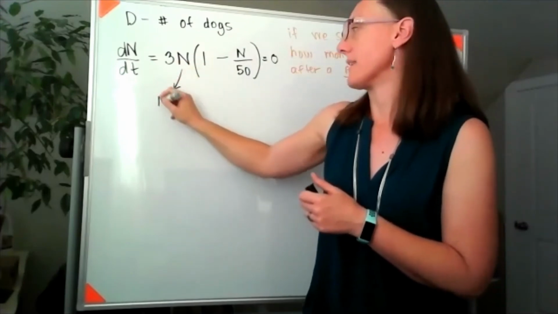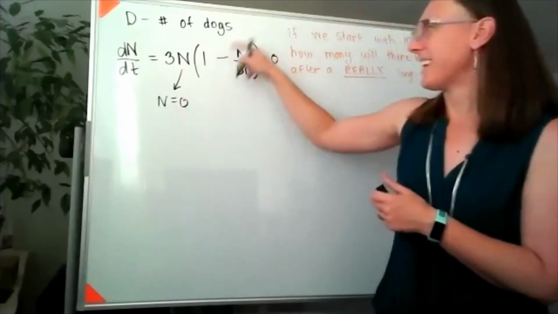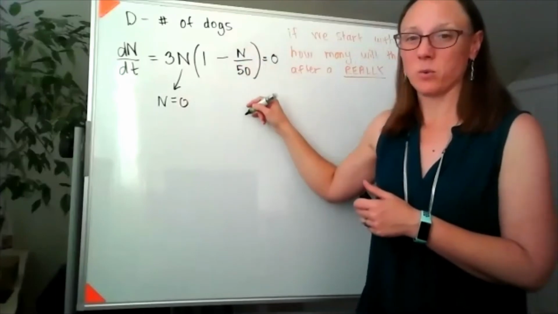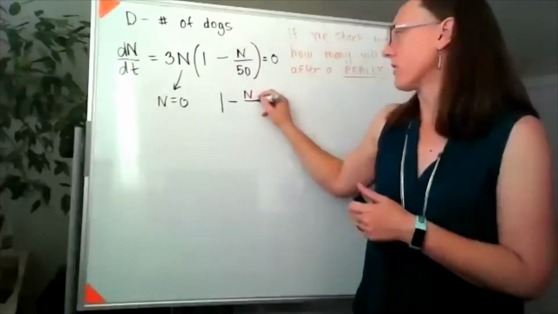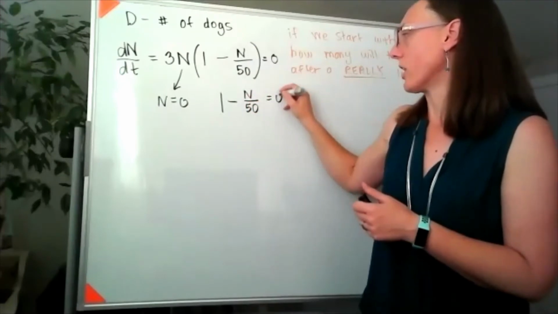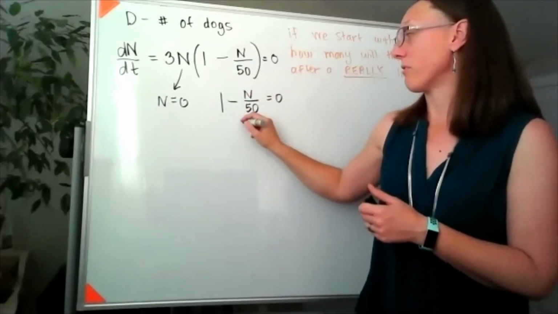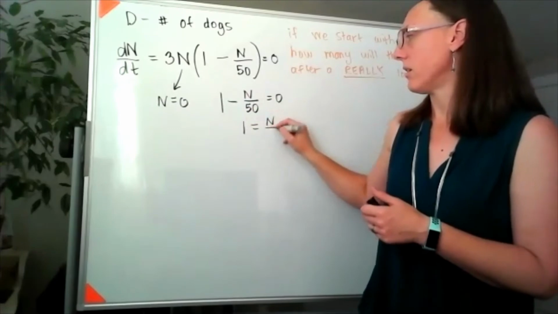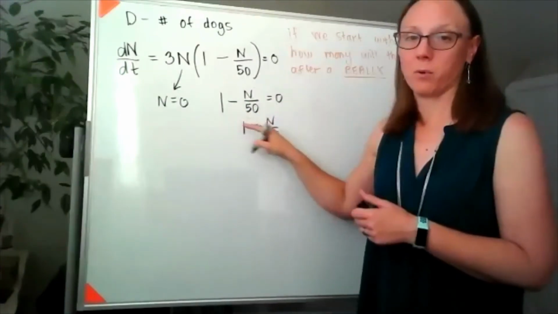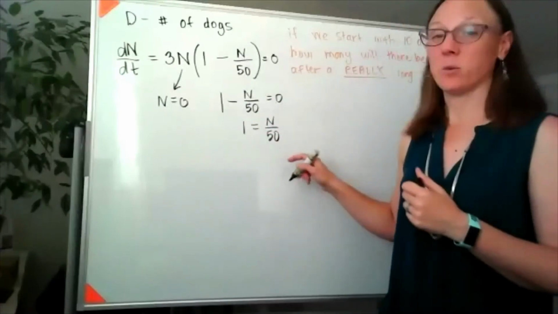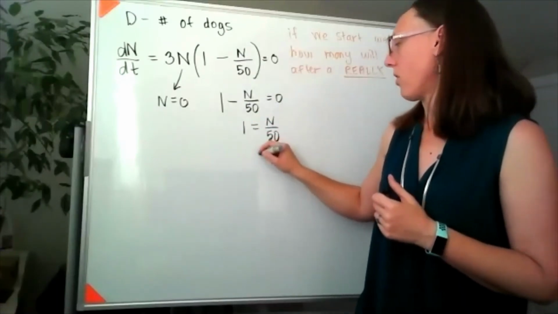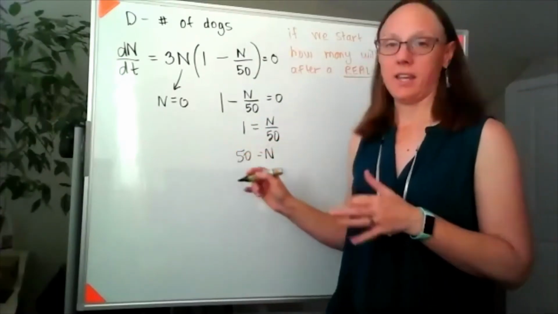The n can be 0. And in here, maybe you can see that n equals 50 is our answer, but we can also do that algebra a little more in slow motion. I can move my n over 50 over and then multiply both sides by 50. So n equals 0 and n equals 50 are my two equilibria.